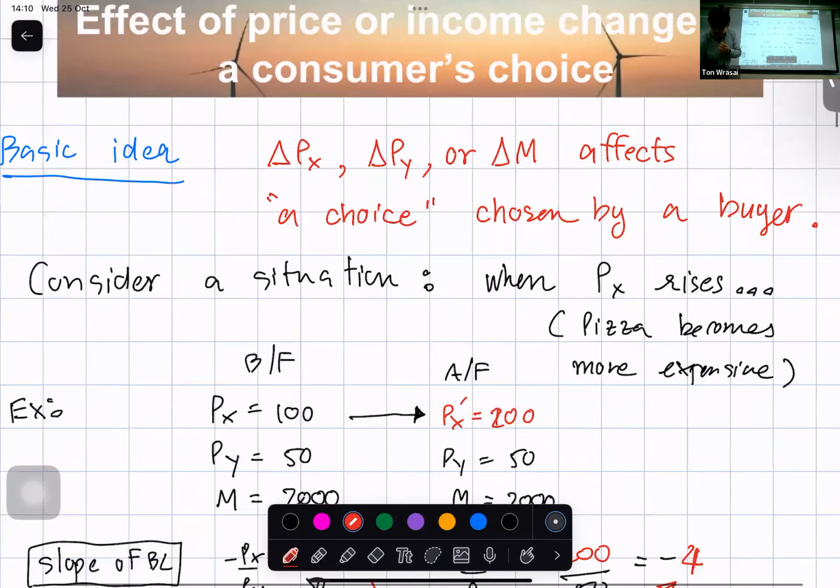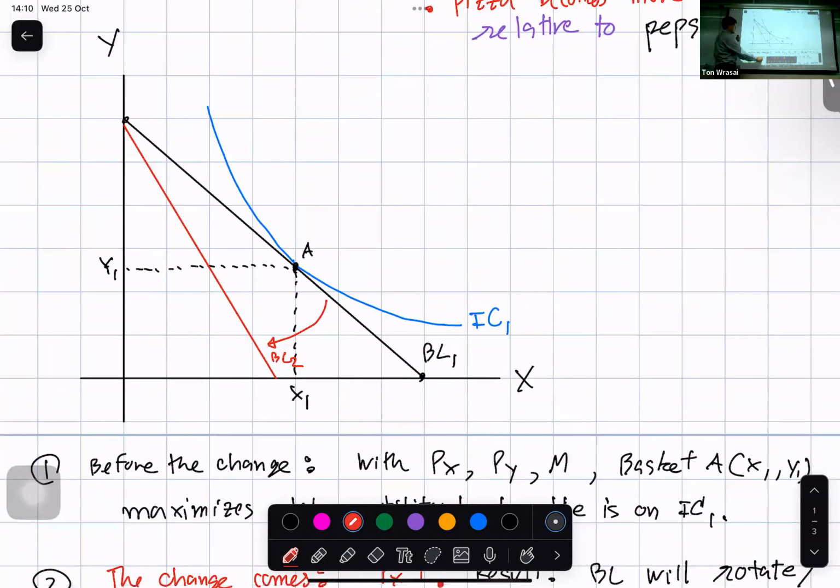His new choice must be along this new budget line. Okay, check the possibilities. Let's call this the purple basket.